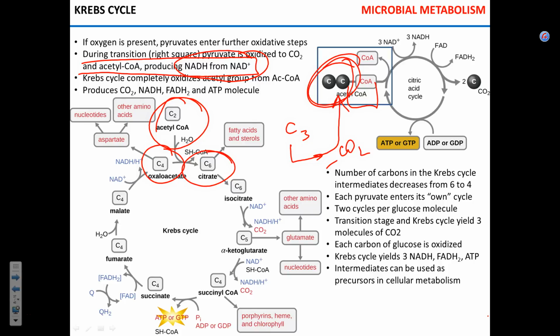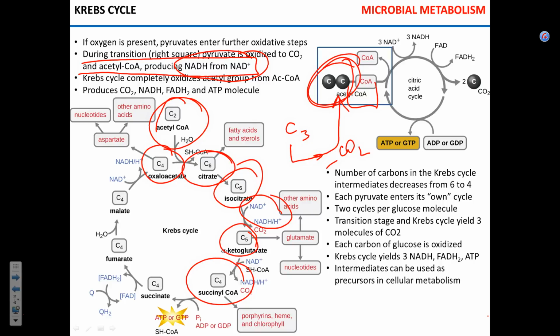So C6, isomerized into isocitrate, is oxidized to C5. Where does the extra carbon go? CO2, and you got NADH. C5 is alpha-ketoglutarate, which is oxidized to C4, succinyl-CoA.